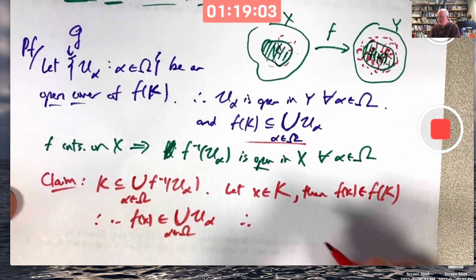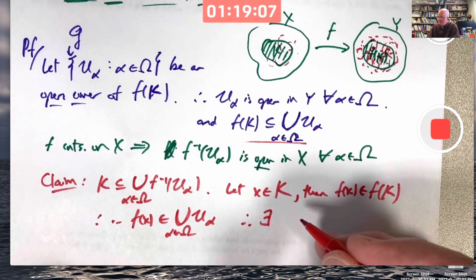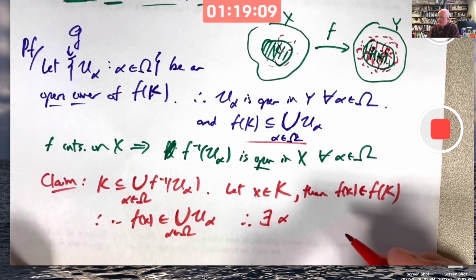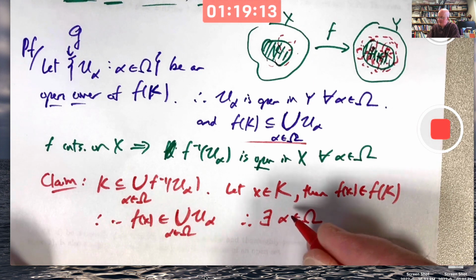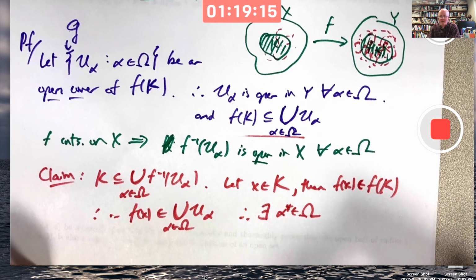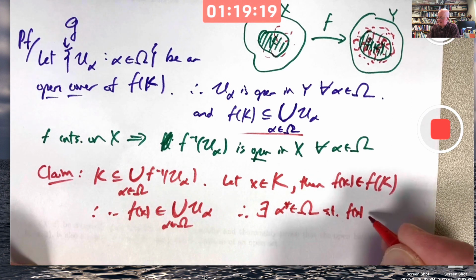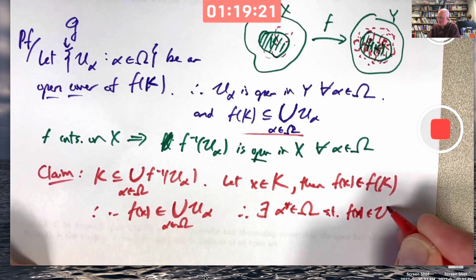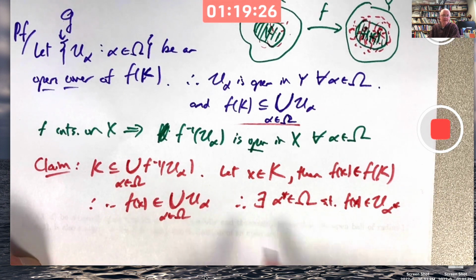And therefore, that implies there exists some particular alpha in capital omega. Maybe I should call it alpha star to say it's special, such that f of x is in U alpha star. If it's in the union, it's in at least one set.